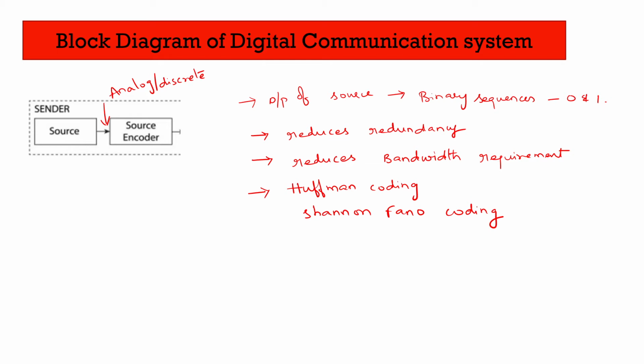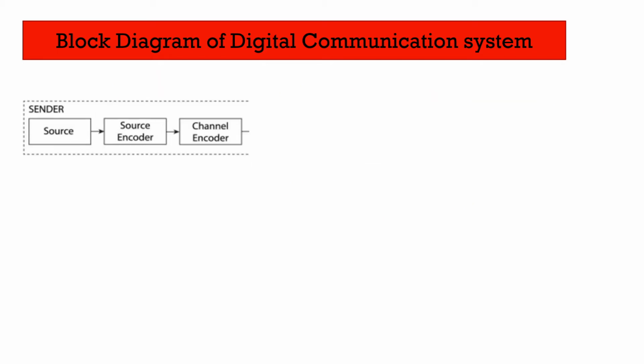It converts the output of the information source into binary sequences. It reduces the redundancy, thus reducing the bandwidth requirement, and the coding techniques used here are Huffman coding and Shannon-Fano coding.